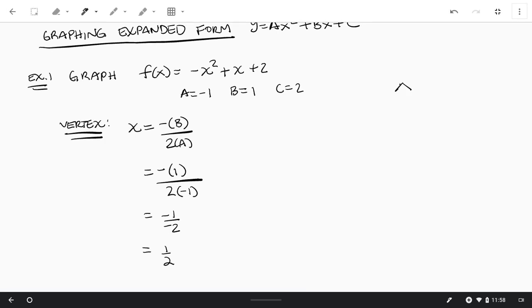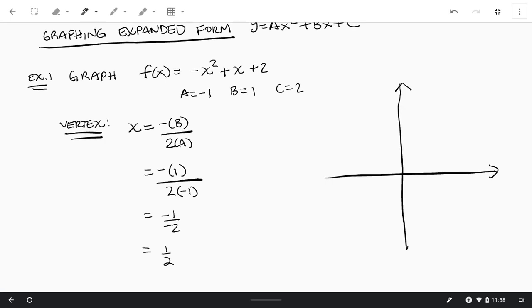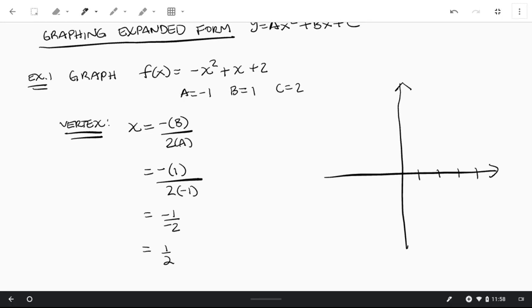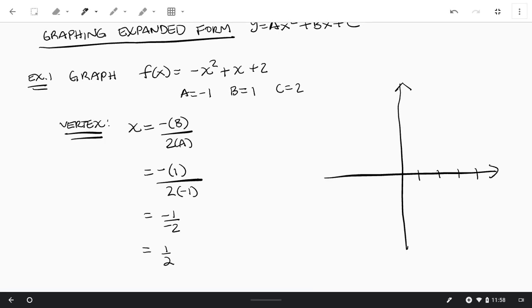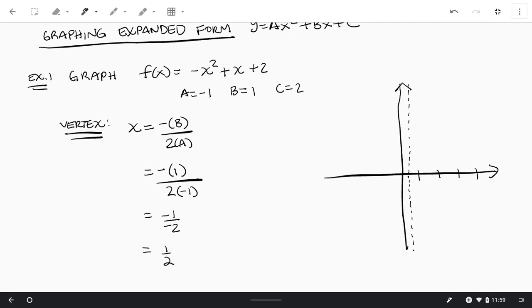So let's go ahead and start our graph here. So here's 1, 2, 3, 4. Okay, so at x equals 1/2, we have the axis of symmetry. So I'm just going to do my sort of ghost line. Okay. And so I have my axis of symmetry.